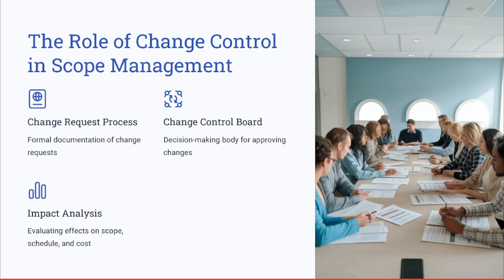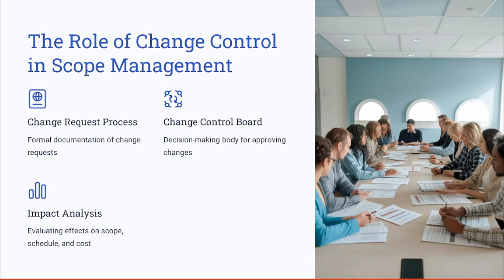So again, change management plays a crucial role in scope control by ensuring that every requested change goes through an impact analysis and formal approval. This will help you prevent unnecessary deviation from the scope baseline, avoid scope creep, and ensure that you have efficient scope control.